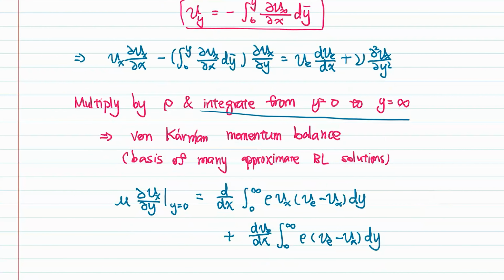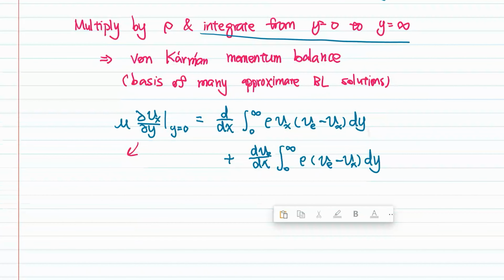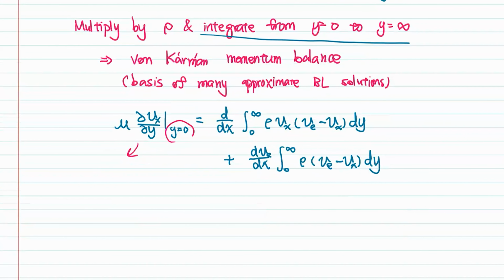Okay, and physically, the left-hand side would be what? Because you're looking at y equals 0, this is the shear stress exerted by the fluid on the wall.